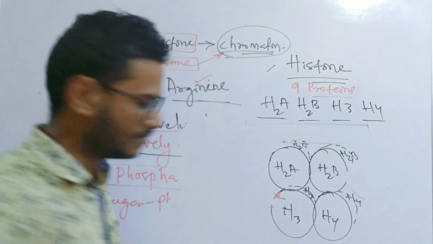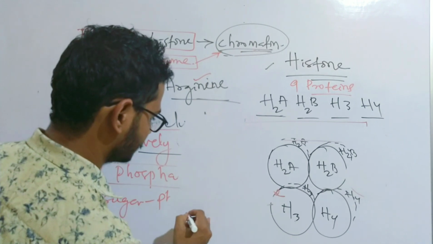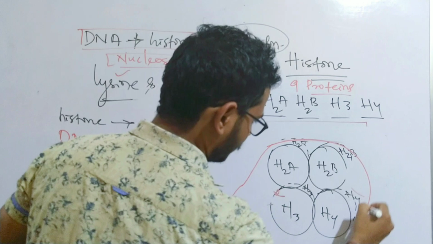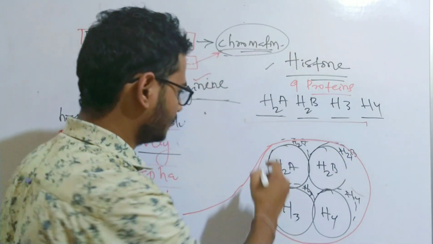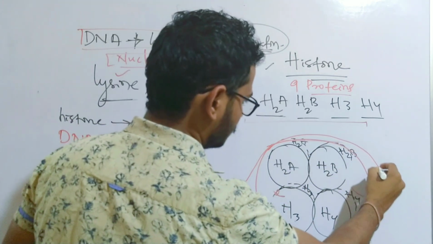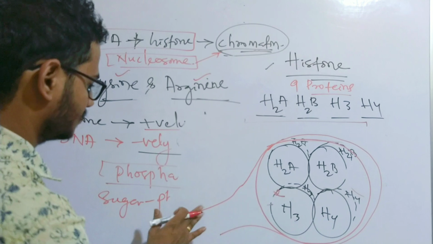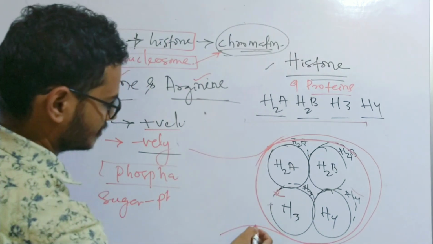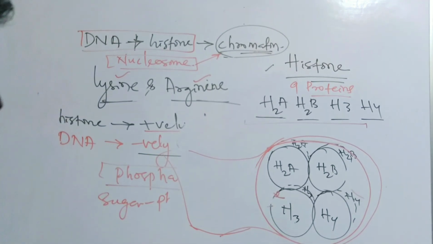So this is the octamer, and if this is the DNA thread, then it will go like this. It will coil around the octamer, the histone protein, and will come and bind to another.